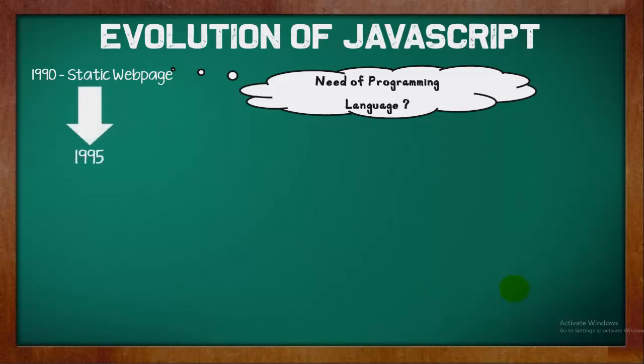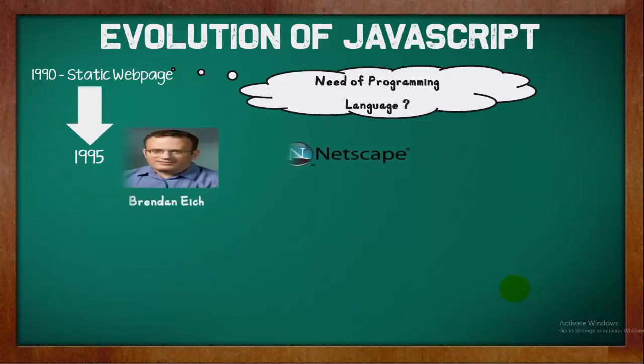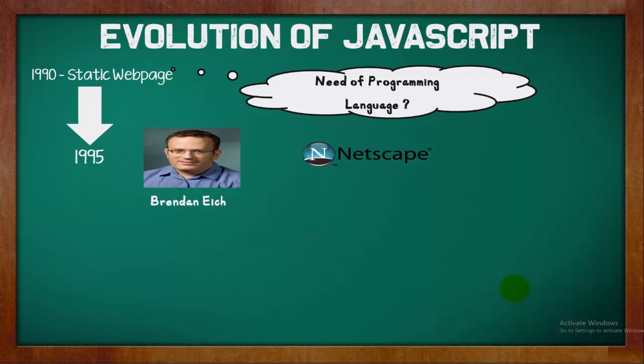Later, in 1995, when they thought they needed some dynamism, a guy named Brendan Eich, an employee working at the Netscape company, along with his team, said, okay, we need some dynamism in the web page.